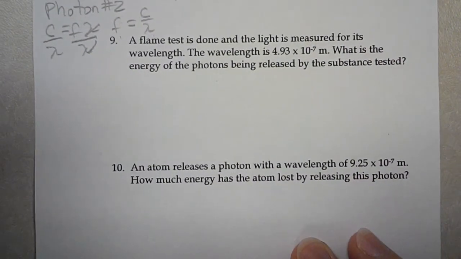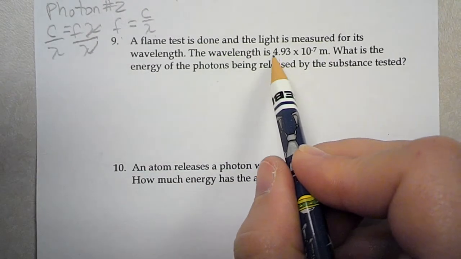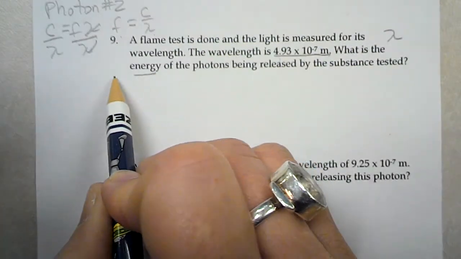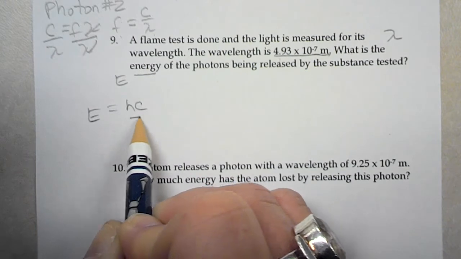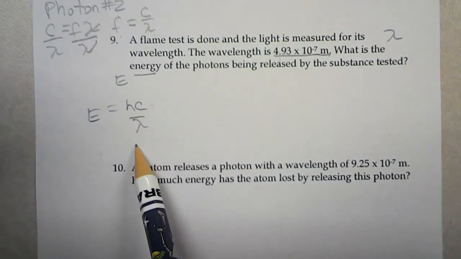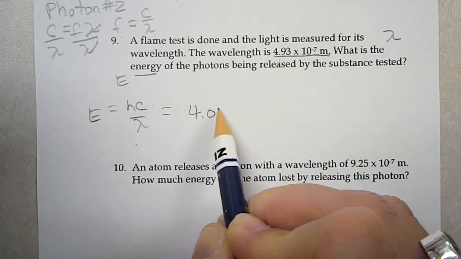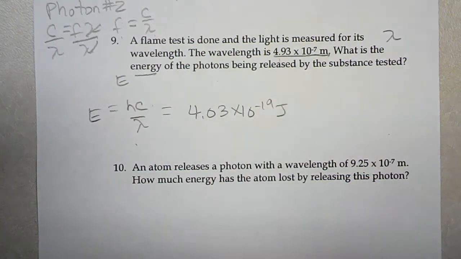Okay. A flame test is done. We did that in the lab. We have a wavelength here. What is the energy of the photon? So my formula is going to be this formula. So when I type in Planck's constant, speed of light, and then I divide it by this, I get that the energy is 4.03 times 10 to the negative 19th joules.